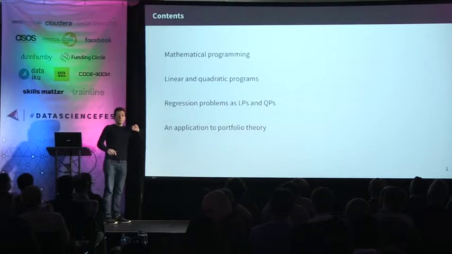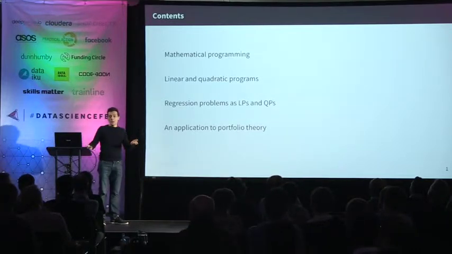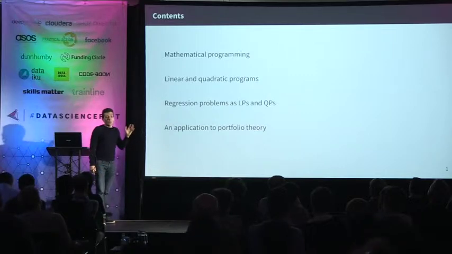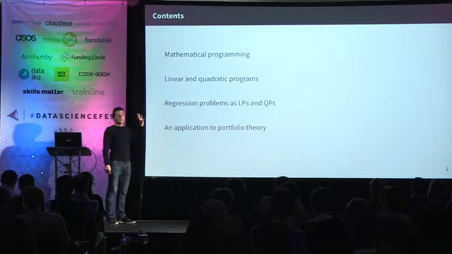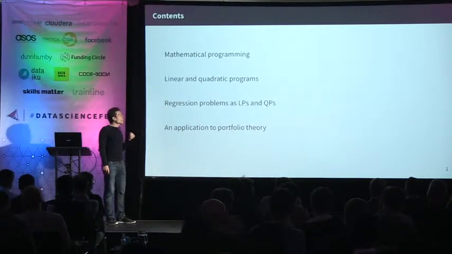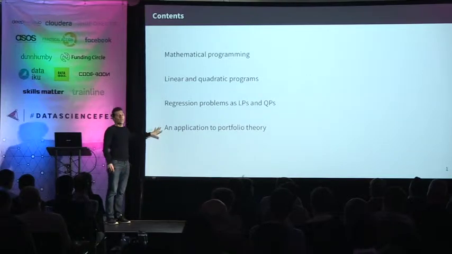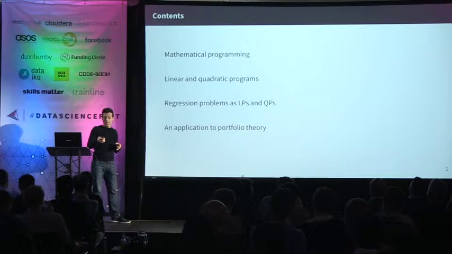Then we're going to go back to what most of you probably know, which is regression problems, so linear regression, and another type of regression, which is called robust regression. We're going to talk about that and actually show that those are linear and quadratic programs. And towards the end, which again might or might not be linked to gambling, there's an application to portfolio theory.